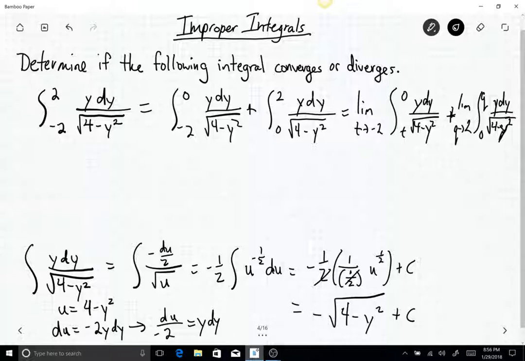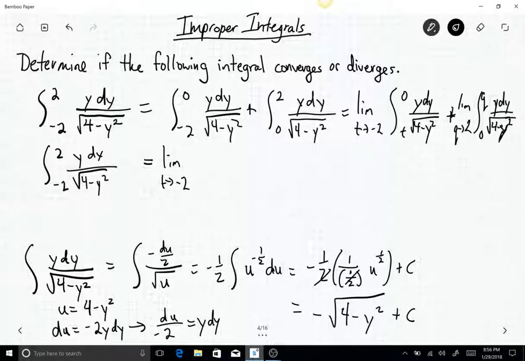Now, going back up top, when I go from negative 2 to 2 of y dy over square root of 4 minus y squared, we have two different limits we're going to have to evaluate. So limit as t approaches negative 2. And then we know the antiderivative. So rather than doing all that work and changing bounds, we could just plug in negative square root of 4 minus y squared.